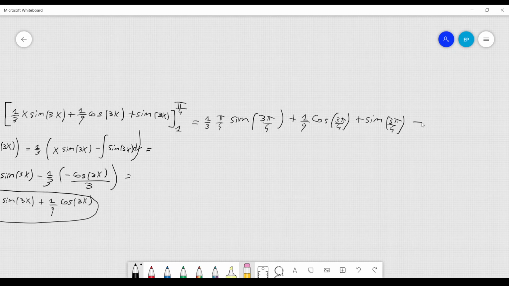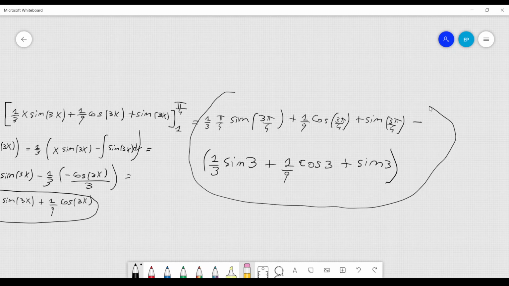So we have minus, let me write it below here, 1/3 sine of 3 plus 1/9 cosine of 3 plus sine of 3, like this. Okay, so this is the result.